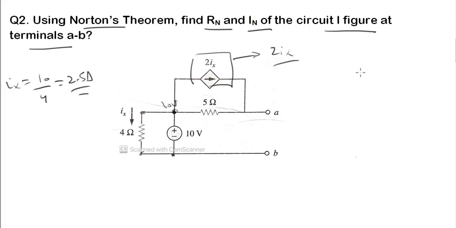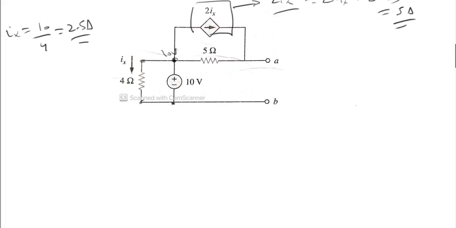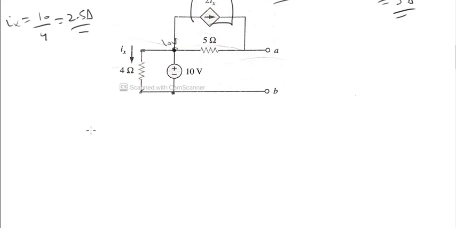If Ix is 2.5 ampere, then 2Ix is equal to 2 into 2.5, that is equal to 5 ampere. Okay, if I have to calculate IN, short circuit current, now I can redraw the circuit. Plus minus 10 volt. This is 4 ohm.